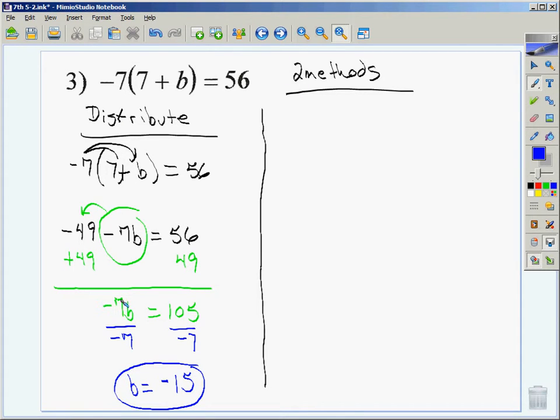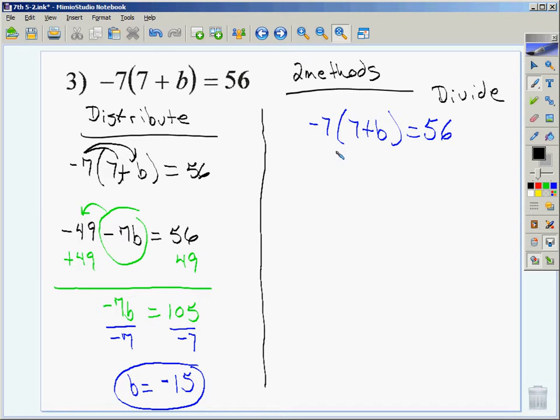So you could distribute it first. You could also do this first. What's happening with this negative 7 that's out in front of the parentheses? It's being multiplied.